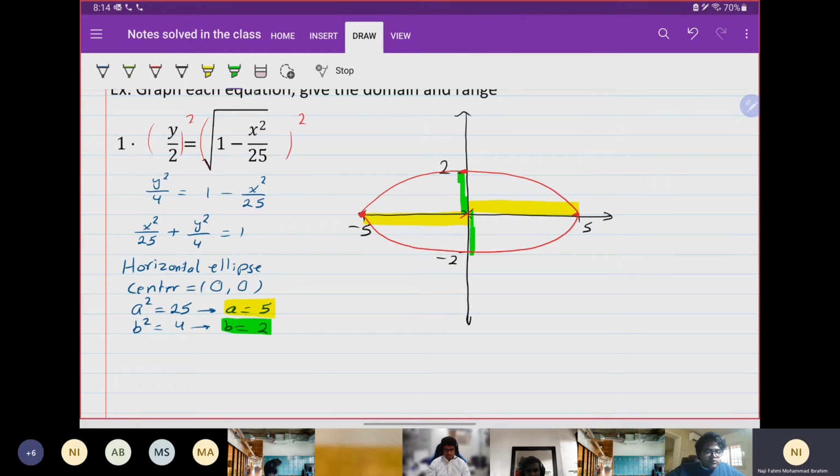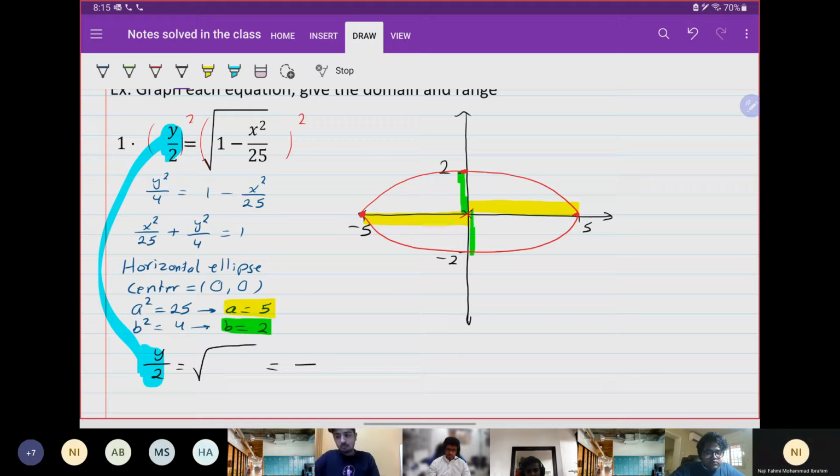If I go back to the given equation, which is this, y over 2, I will put it here. Now, y over 2 equals a root. Am I right? This root, is it positive or negative? Can the answer of a root be negative?